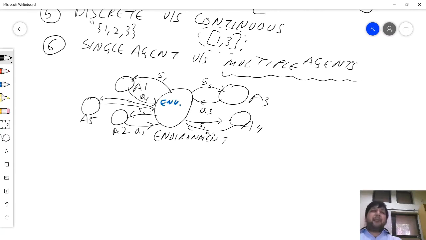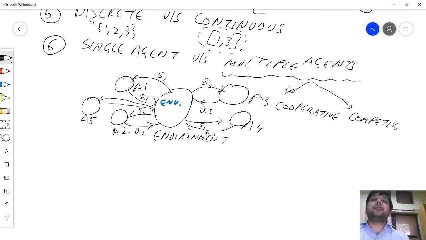So this little thing is what is the environment, and all the others are what are the agents. Now, multiple agent systems are again classified into two varieties. The agents are sometimes cooperative, and sometimes the agents are competitive. So, cooperative. When you all cheat in examinations, now they are online, everybody gets very good marks.